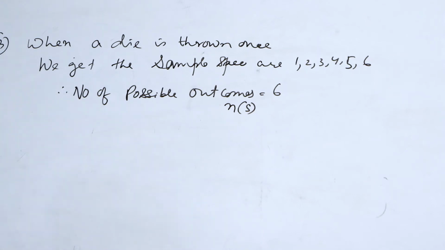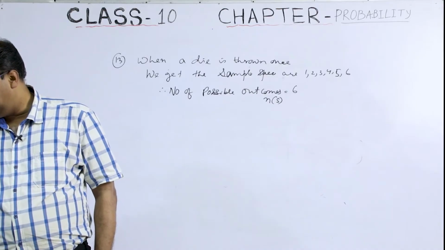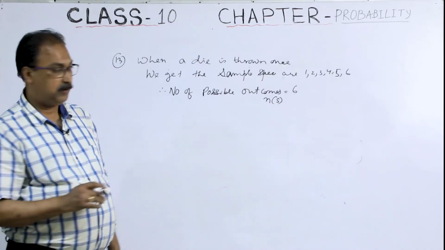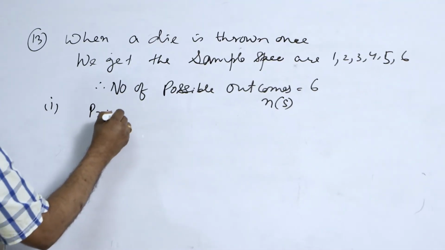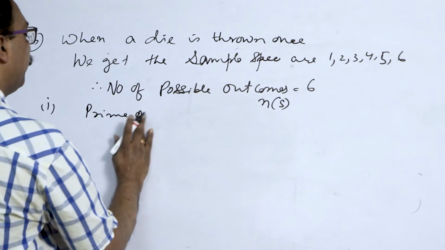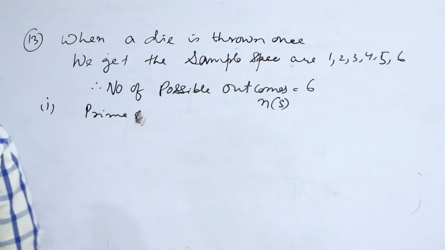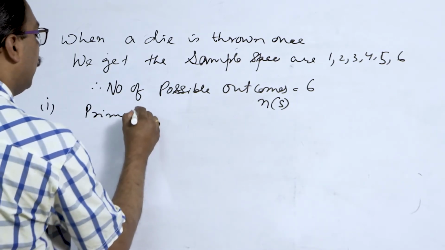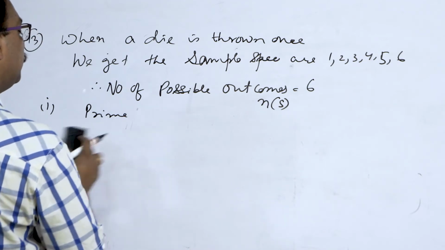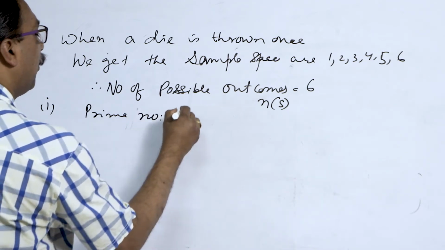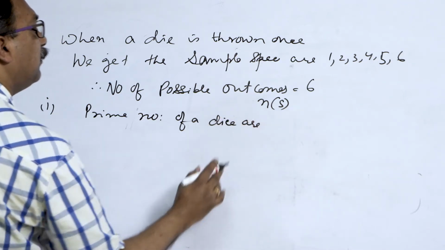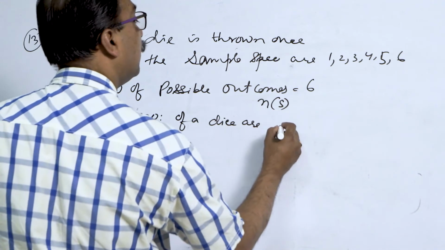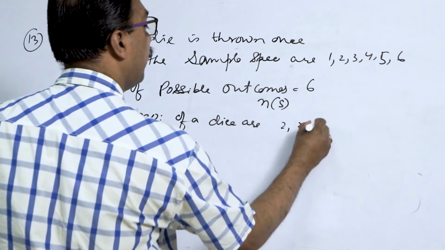Now their question is a prime number. Okay, so they write a prime number of a die. So number 1 is not prime. Prime numbers of a die are 2, 3, 5.